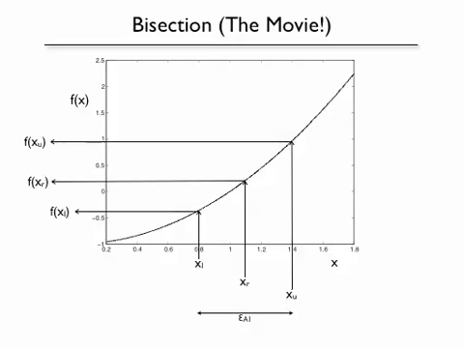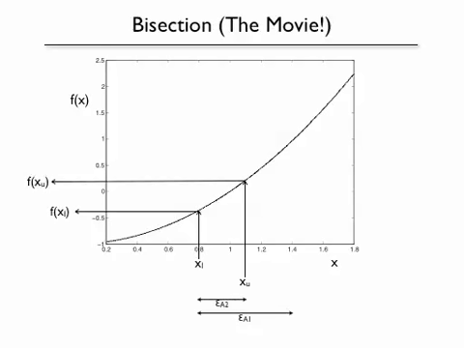So those have different signs, and those must be our new bounds. So we can get rid of the upper bounds, and now you can see our guess, xr, has turned into an upper bound. The approximate error has been cut in half because now we know that the root is somewhere between these two bounds. So in one step, we've cut the error in half.